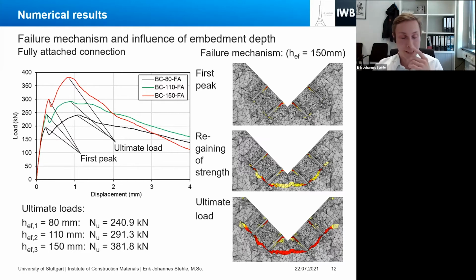What we can basically see here from the load displacement curve is that regardless of the embedment depth, we have a relatively similar behavior in the first loading phase, so up to the first peak and also for the drop of the load. However, the behavior changes in the second phase, when the connection is regaining its strength.